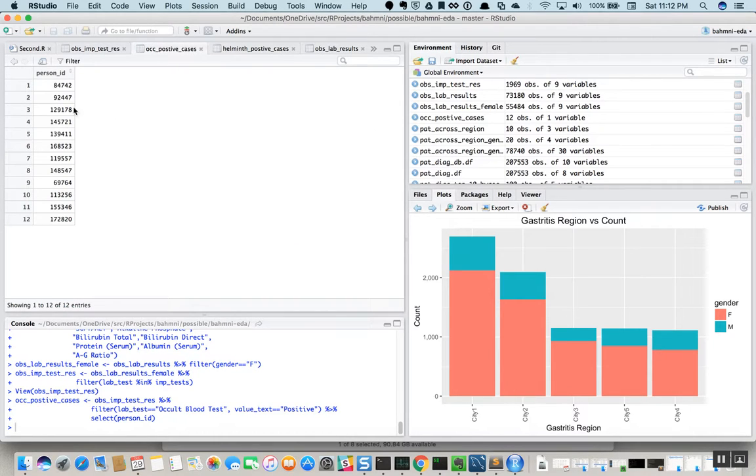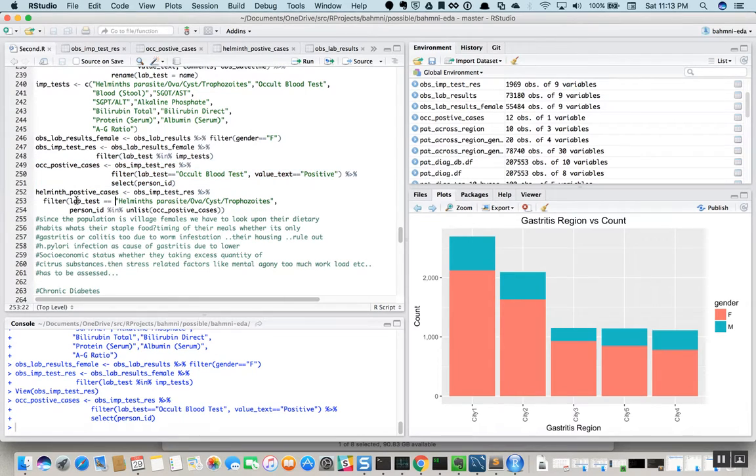Even there, out of all the lab results which we have, only 12 patients have occult blood as positive. So there is not a majority of cases of females having the occult blood test as positive.